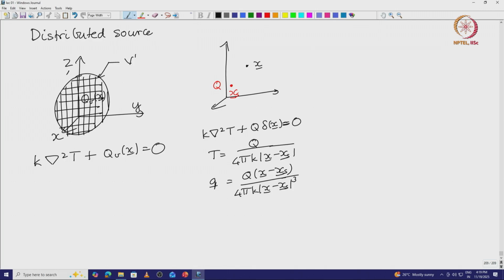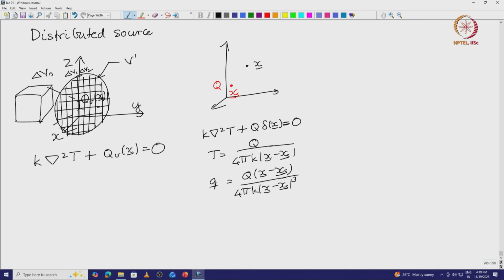So, this will be delta V 1, delta V 2, etc. And any typical volume I will call delta V n.